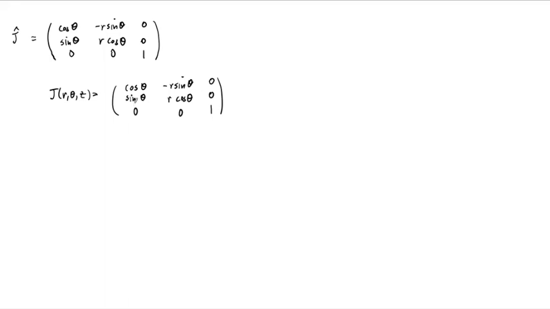But the method here is to copy the first two columns over on the other side of the matrix here. So outside of here, I just copy the same columns, just the first two though. So minus r sine theta, r cosine of theta, and then 0.